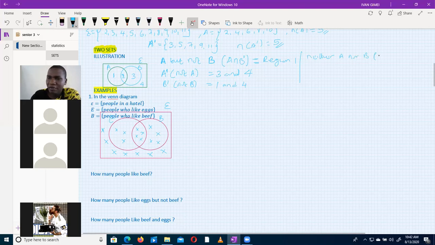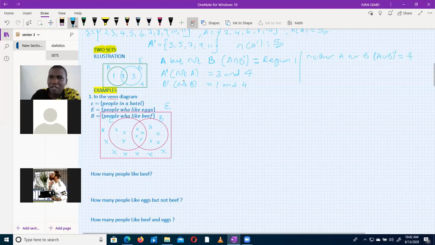Neither A nor B, we write it as A union B, in brackets, complement. Which region is that? Region 4. Yeah, neither A nor B.